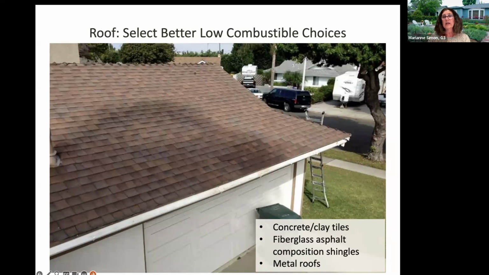So that includes things like concrete and clay tiles. It includes fiberglass asphalt, and of course, metal roofs, so that if the embers come here, not to say that they are completely resistant, but that they are much less likely to combust.